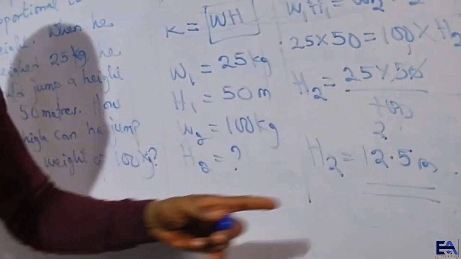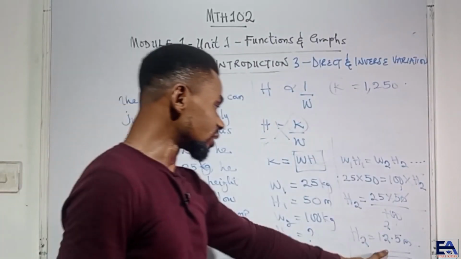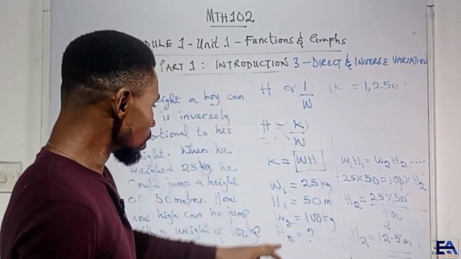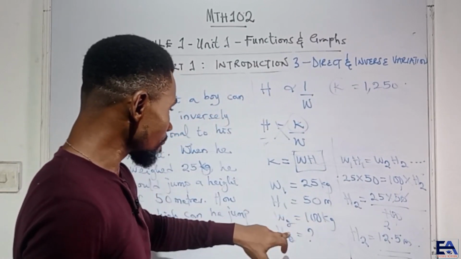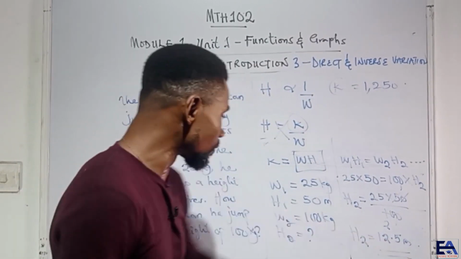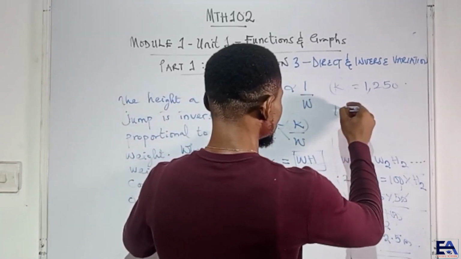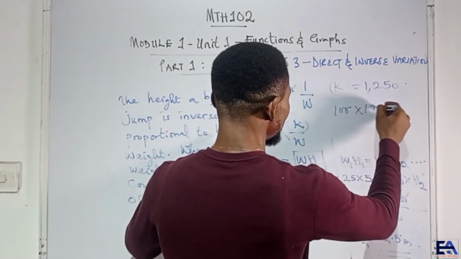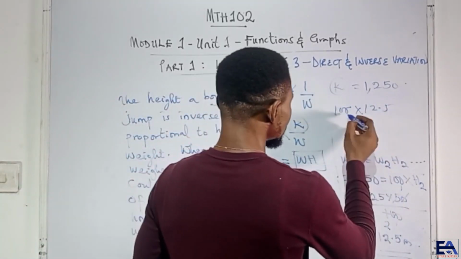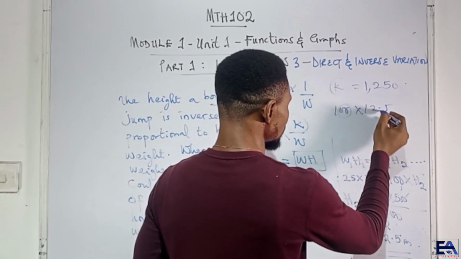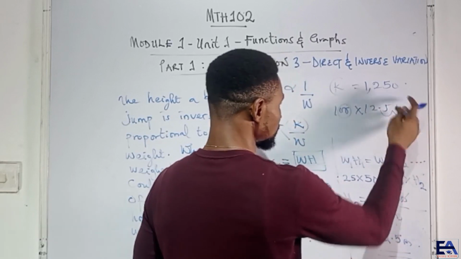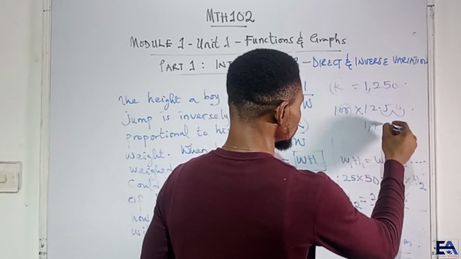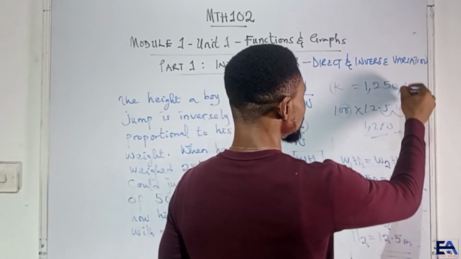Let's see whether we get the same thing with the second situation. We have W2 as 100 and H2 as 12.5. If you do 100 times 12.5, the 2 zeros shift the decimal point forward 2 places, and you fill the empty space with a 0, so you have 1,250, which is still the same thing.